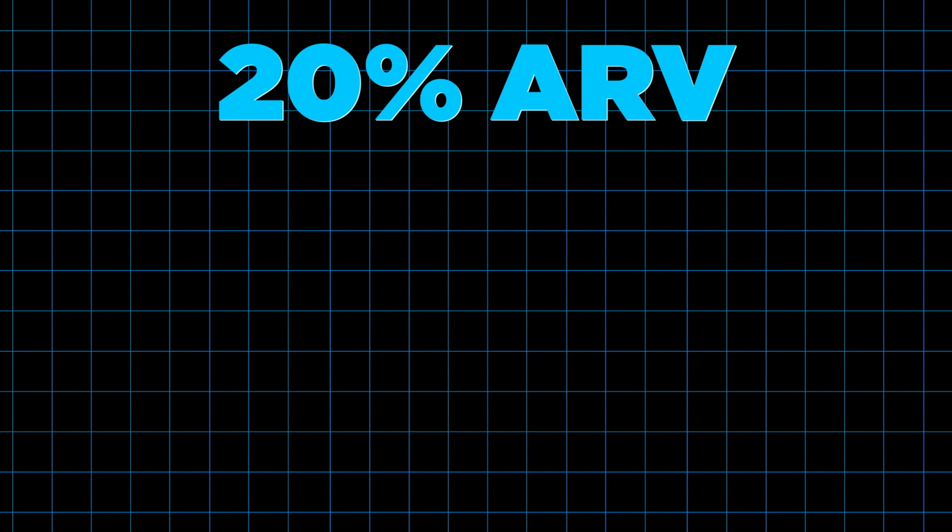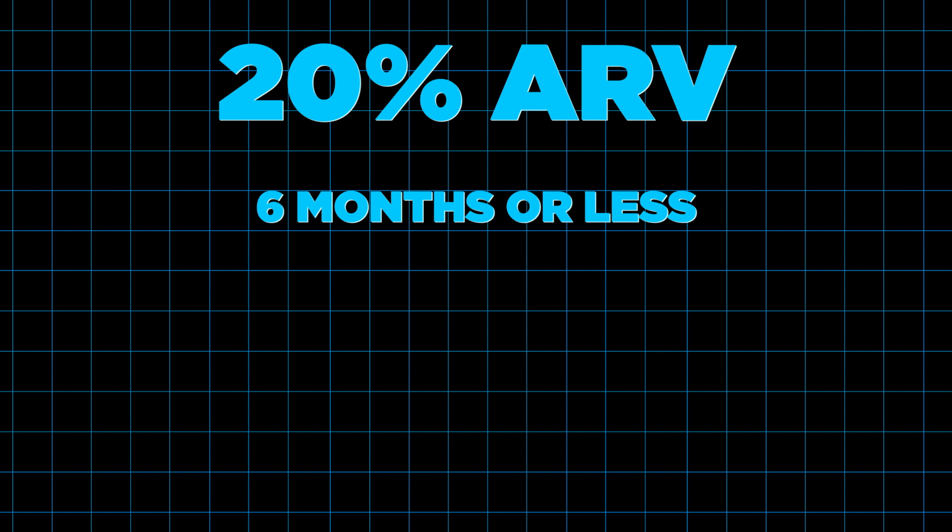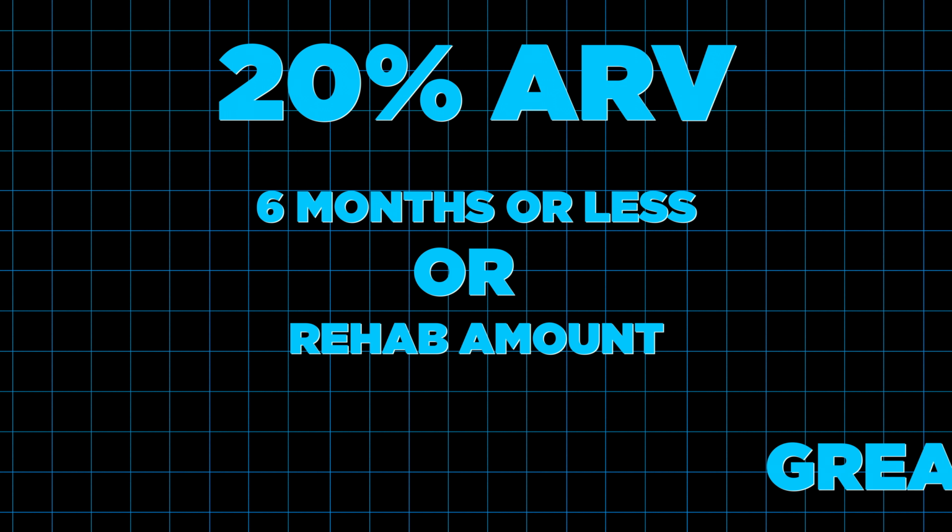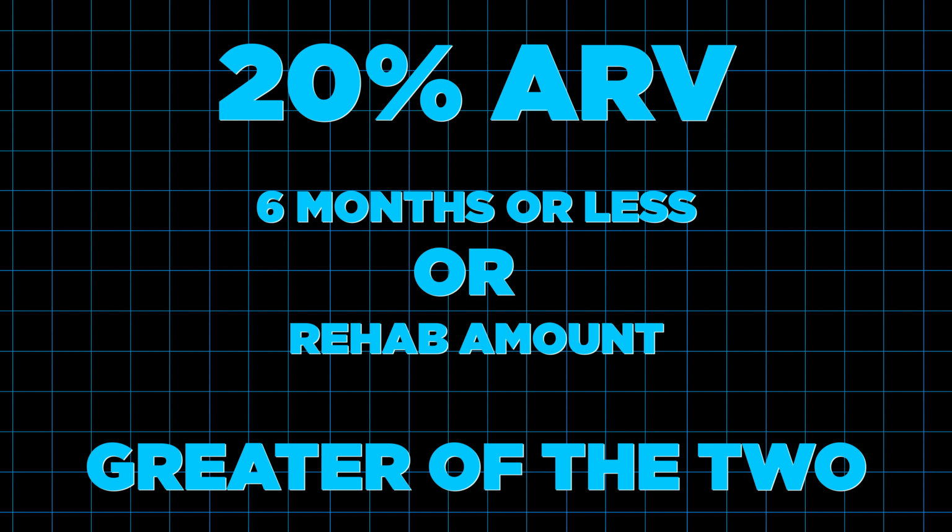So when we sell it, what is the ideal profit? What do we call that term? A home run deal, and it's very specific. It's 20% of the ARV in 6 months, or the rehab amount, whichever one is greater. Let me give you an example.